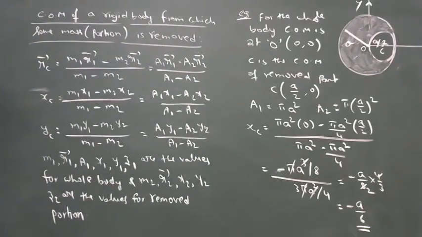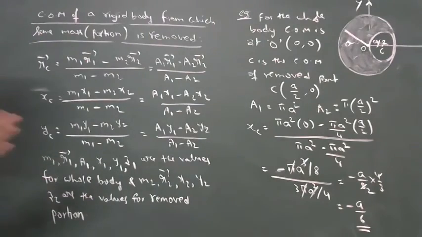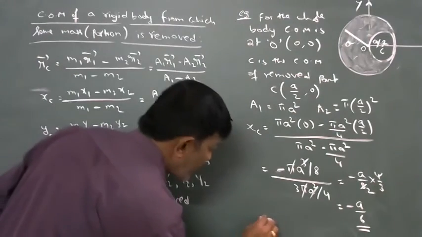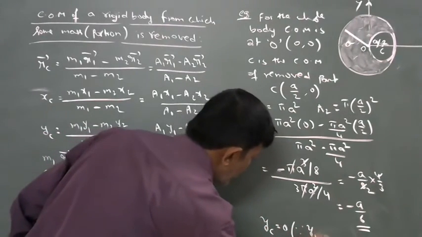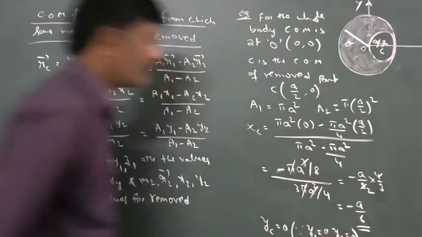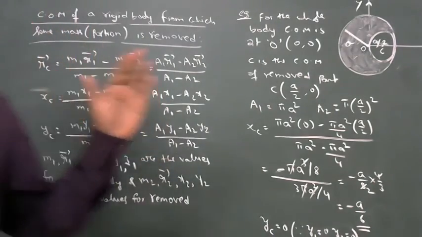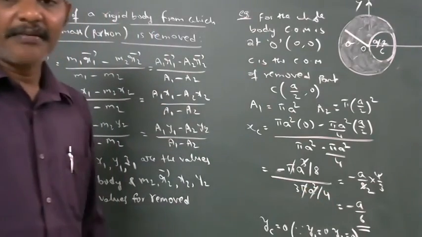So the x coordinate of center of mass is minus a by 6, and the y coordinate of center of mass Yc is 0, since y1 is 0 and y2 is 0. Therefore, the coordinates of center of mass of the remaining portion is (minus a by 6, 0).